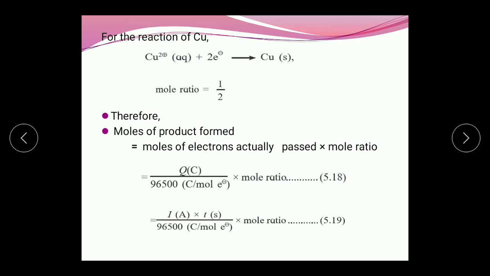So the first step is the quantity of electricity passed, the second step is moles of electrons passed, and the third is moles of product formed. Now from the moles of product formed, our main aim is to calculate the mass of the product. That means the quantity of electricity required will tell us how much mass of product we get.